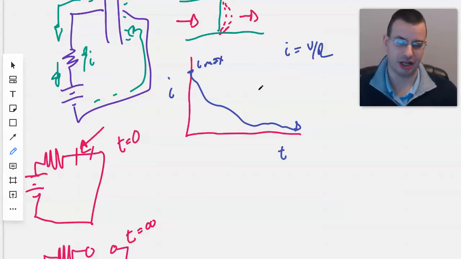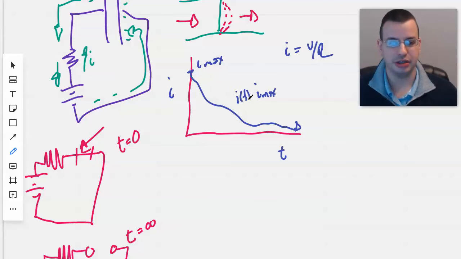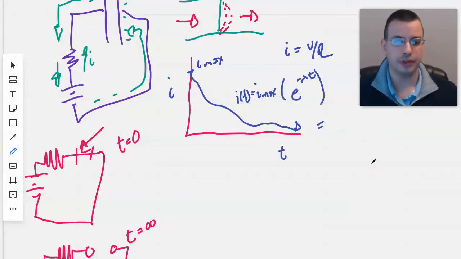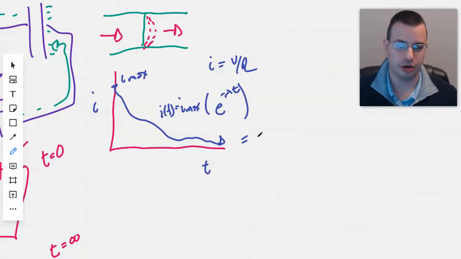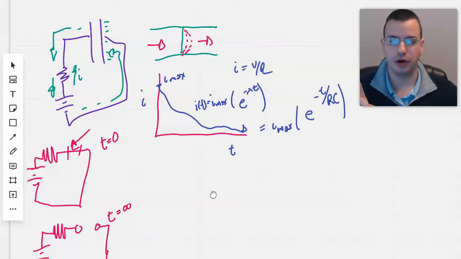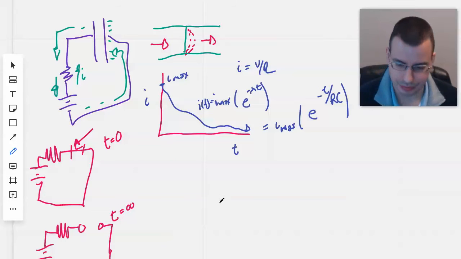This will be I of t equals I max times e to the negative lambda t, where lambda is a constant, the decay constant, the time constant. Either way, it's RC, resistance times capacitance. And that is the analogy for a capacitor.